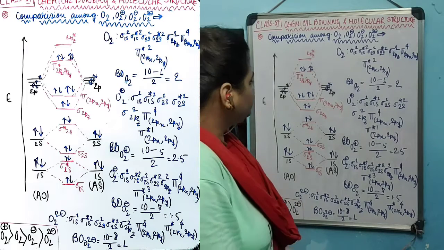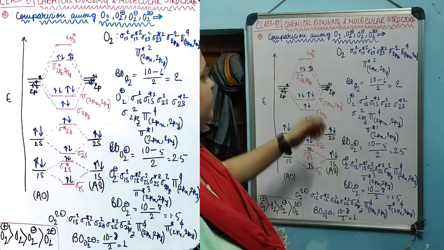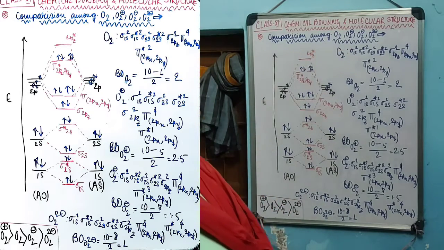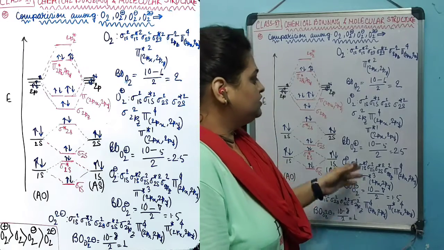This is how, with the help of MO theory, the stability order among these oxygen species can be explained.